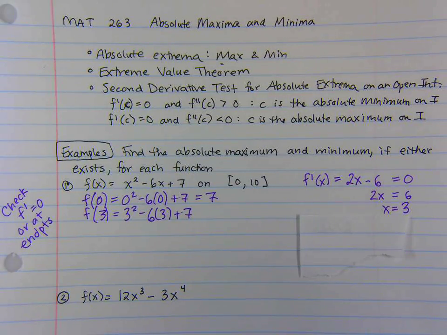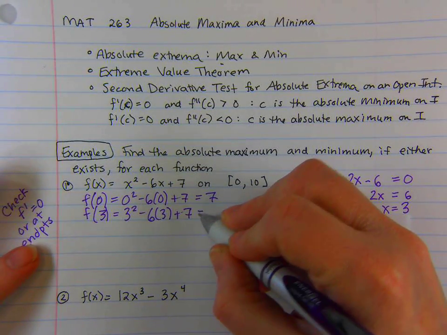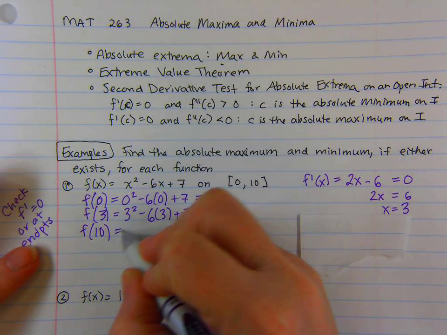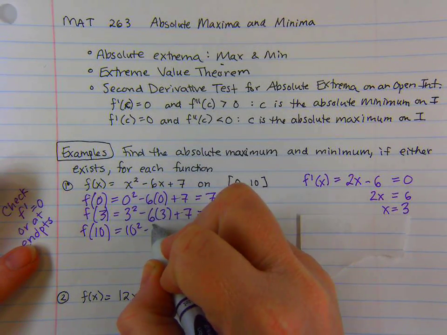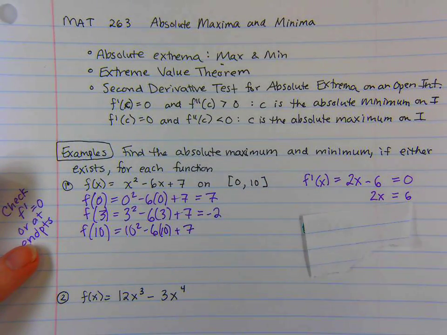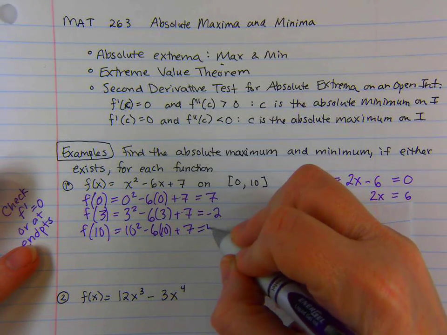Oops. 9 minus 18 plus 7 is negative 2. And f of 10. This is 100 minus 60, which is 47.